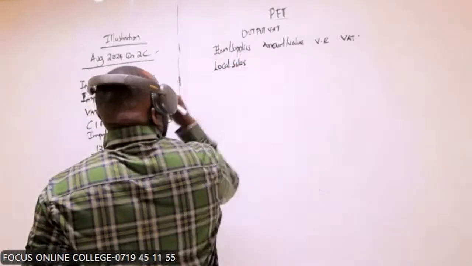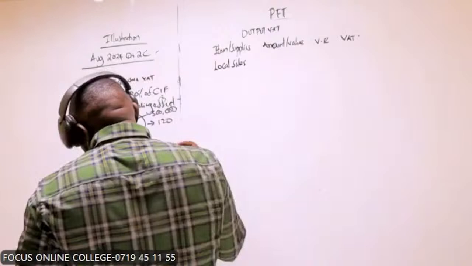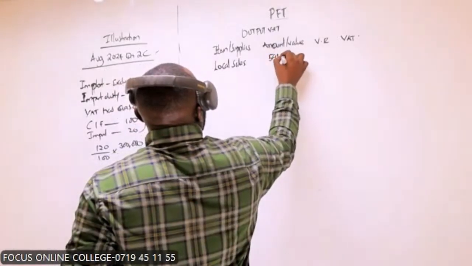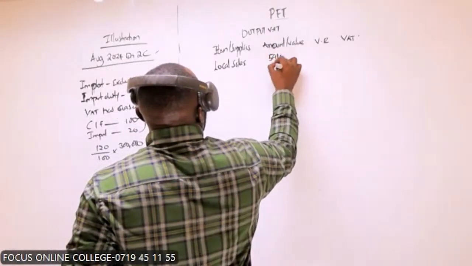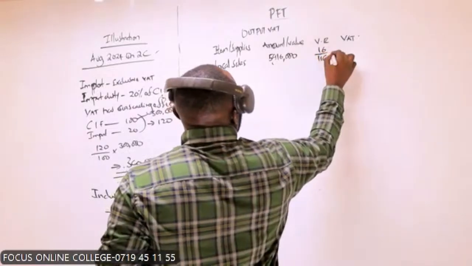Local sales is a figure we are given, times 16%. It's inclusive. What is that?